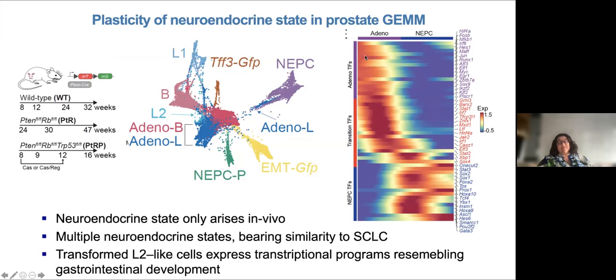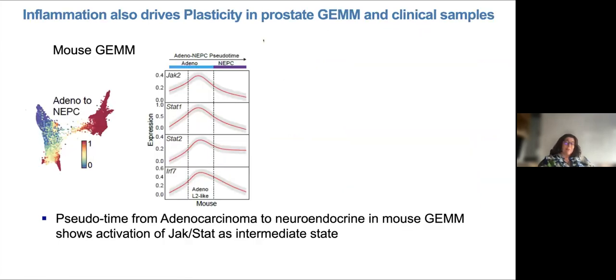And we could even look and see what's happening along the pseudotime and see these transitional TFs that really resemble many programs from gastrointestinal development. So the same story as in lung, where they revert back to lung organogenesis, here we see some gastric organogenesis in these prostate cancers that are doing lineage switching and lineage transformation.